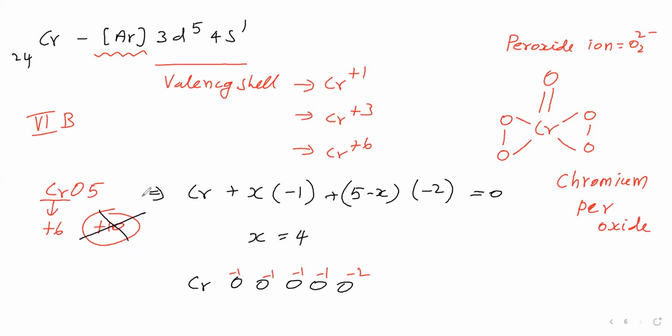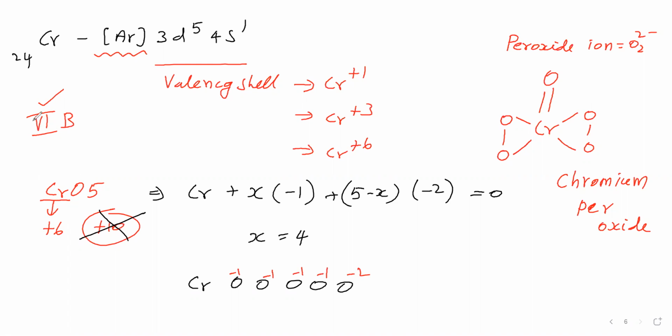If the oxidation number comes out more than its group number, then you conclude that in that compound some of the oxygens are peroxides and some of the oxygens are oxides. Then how many peroxide, how many oxide? In order to calculate that, give the maximum oxidation number to that metal.